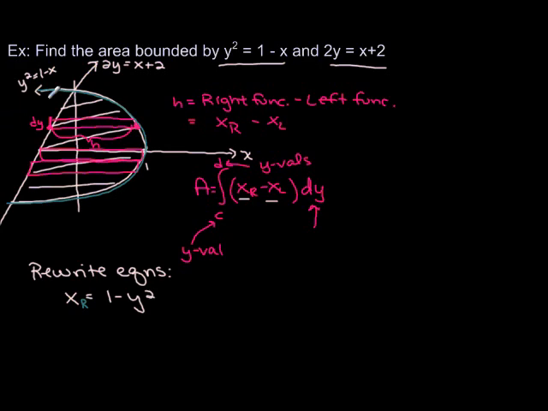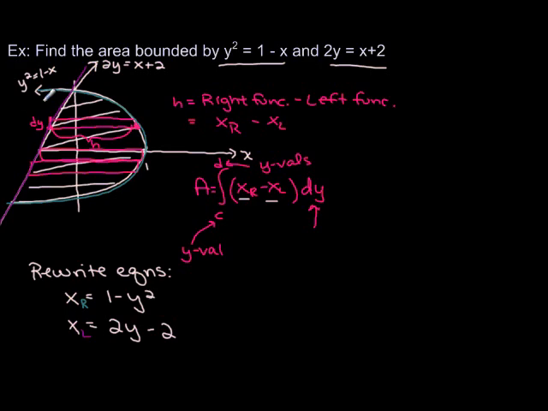For my other equation, 2y equals x plus 2, solving that for x, I'm going to have x equals 2y minus 2. And when I look at the picture of my graph here, I see that my line is the curve on the left. So I'm going to label that as x left. So now I have my x right and x left equations.